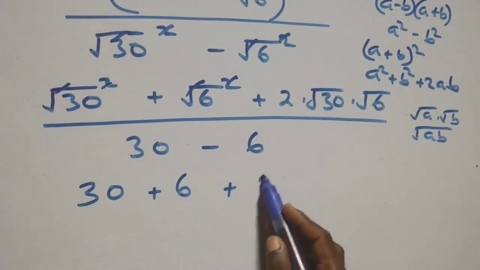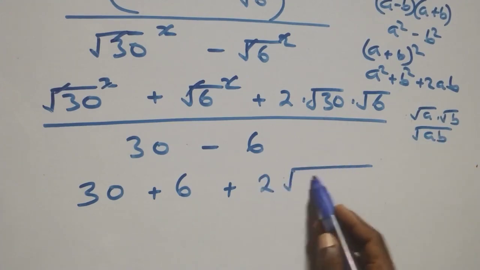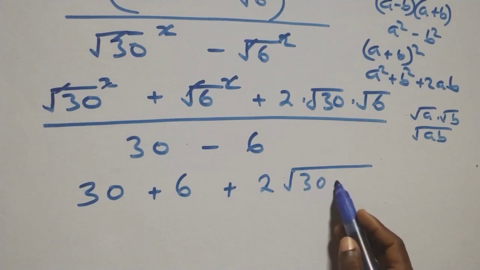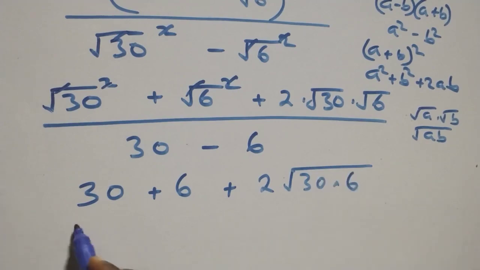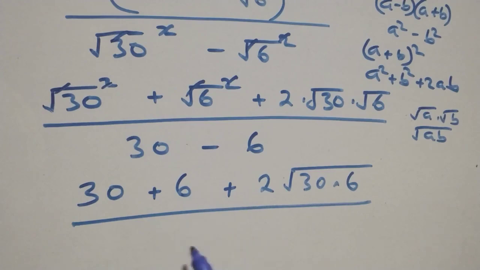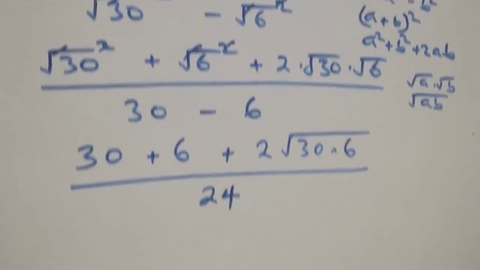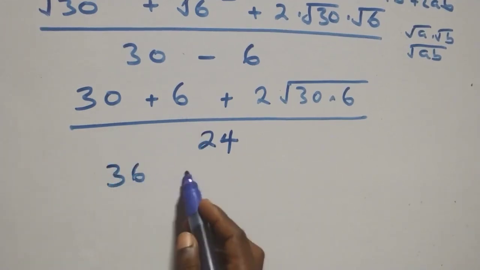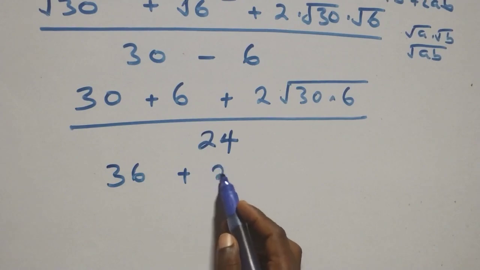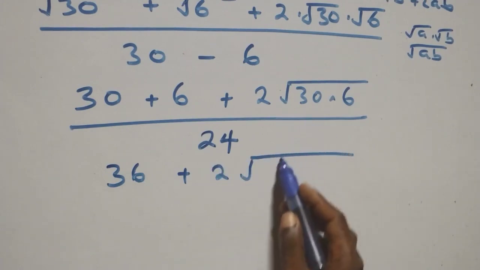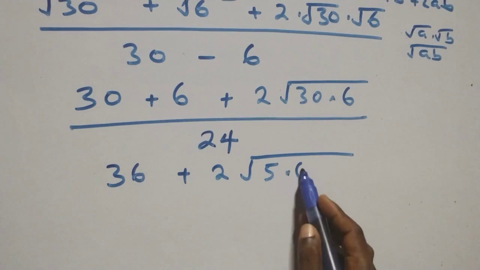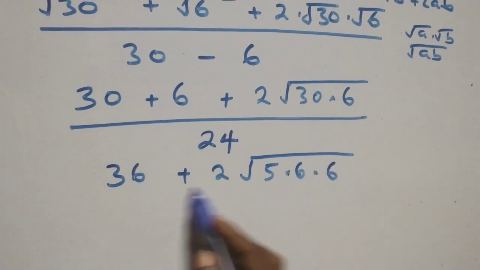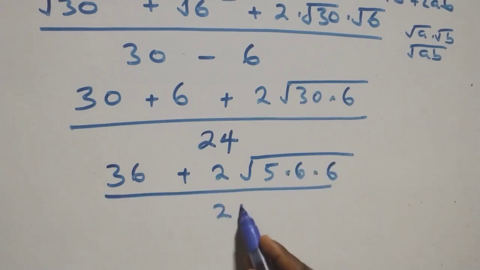That is, here we have 2 times root 30 times 6, then over 30 minus 6 here, that give us 24. And next step we have 30 plus 6, that's 36, plus 2 times square root of, I write 30 as 5 times 6, then times 6 here, all over 24.